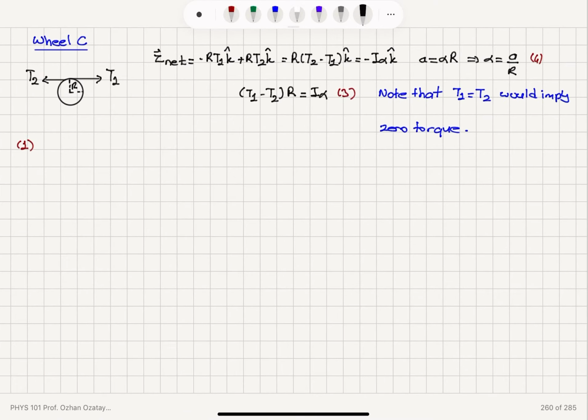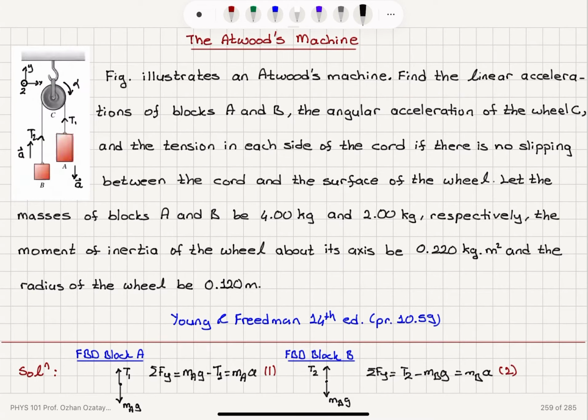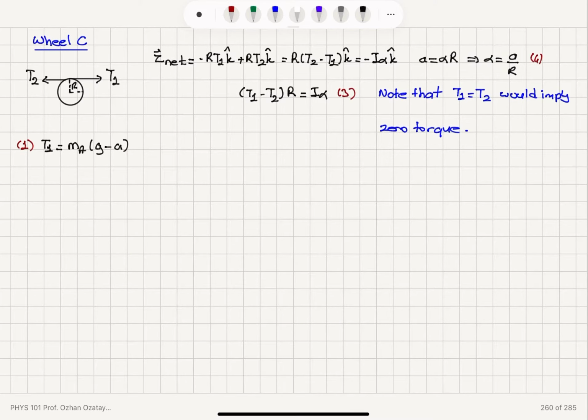This is going to be rewritten as T1 is equal to MA parentheses G minus A. And likewise, we can write for T2 here, MB parentheses A plus G. So equation number 2 can be rewritten as T2 equals MB times G plus A.